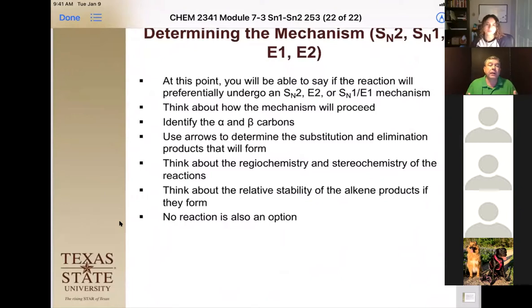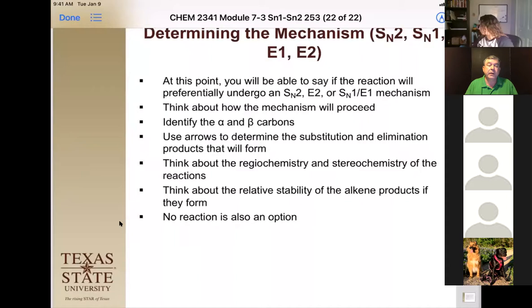If we can do that, number one, we do our substitution reaction. Then we draw another reaction where we do our elimination reaction, and we're going to eliminate the beta hydrogens based on whether it's a small base or a big base. And that's going to tell you the regiochemistry or the stereochemistry of the problem.